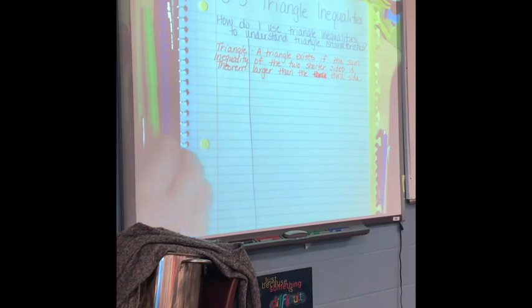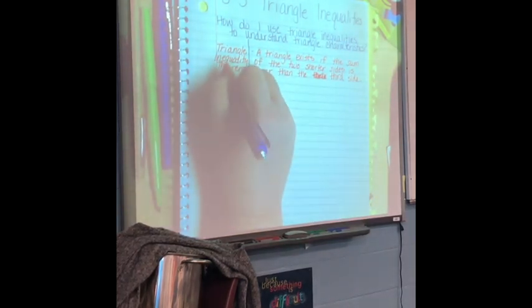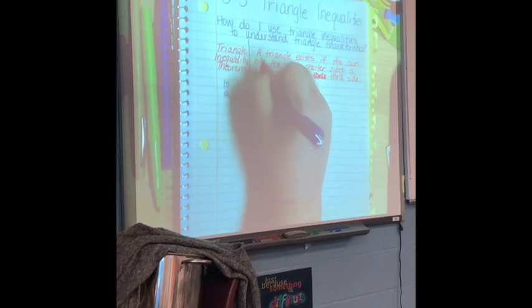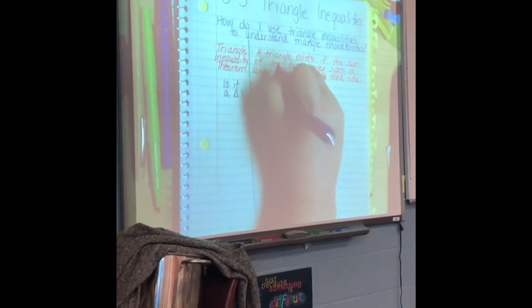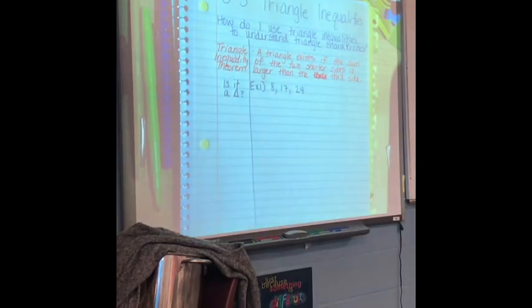So in order for that to happen, we have some examples here. We want to know, is it a triangle? We're going to look at our shorter sides and determine if we have a triangle.